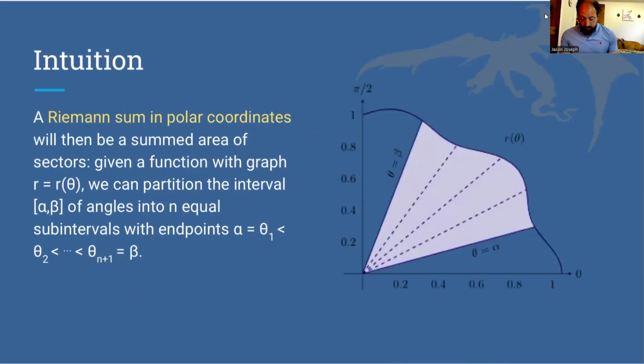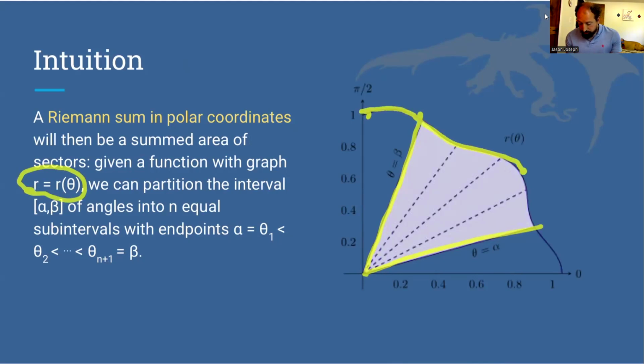So the idea to find the area of a polar curve is that we're going to have an interval of angles, from angle alpha to angle beta. The setup is that we're given a function which is r, radius, as a function of theta. The curve, our actual function graph, is here. And in between those two angles, we're looking at this shaded region. That's the area we'd like to compute.